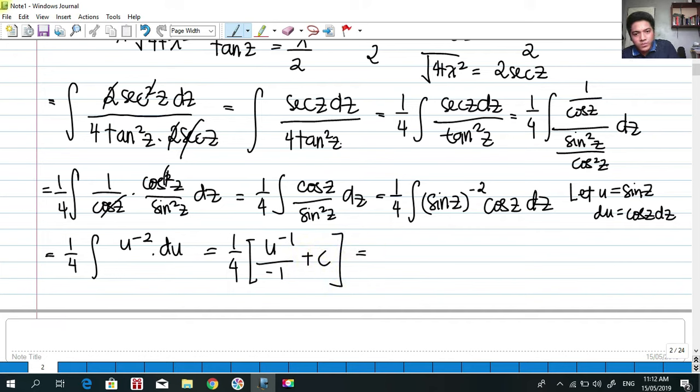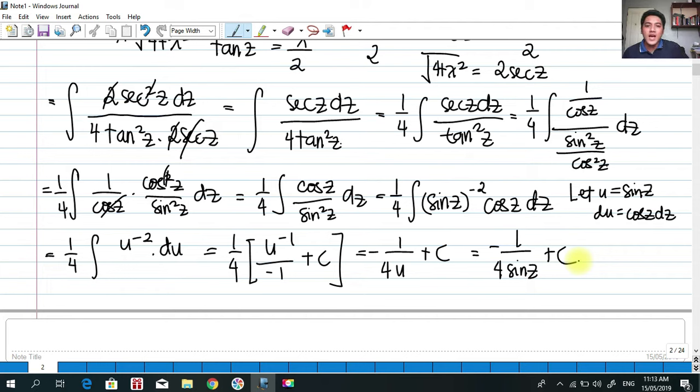So that should be 1 over 4u, negative 1 over 4u because we have a negative 1 here, plus c, and substituting back u, that should be negative 1 over 4 sine of z plus c.